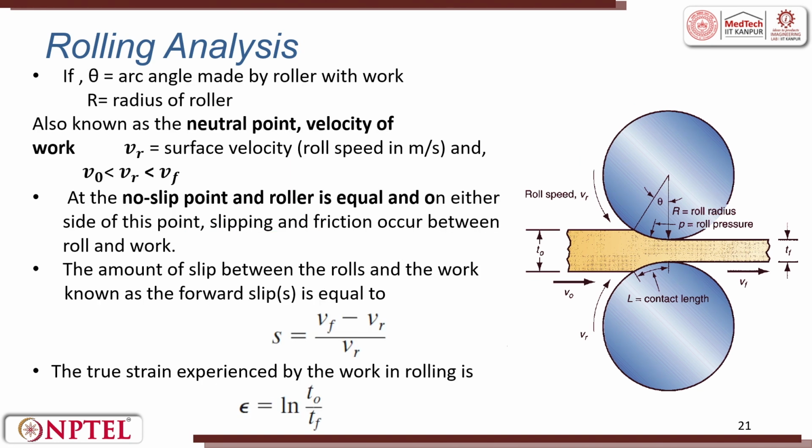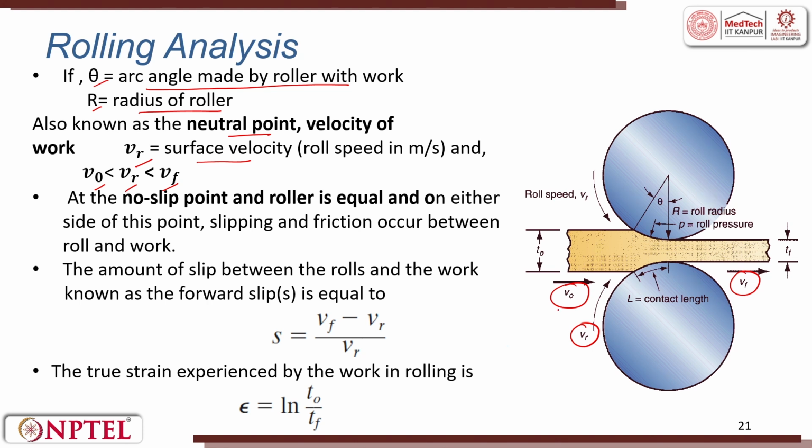Now, theta and R are the arc angle made by the roller with the work and the radius of the roller. This is the neutral point where the velocity of work Vr, that is the surface velocity, the roll speed in meters per second, is such that V0 is less than Vr is less than Vf. So, we have Vr here, this is V0, this is Vf.